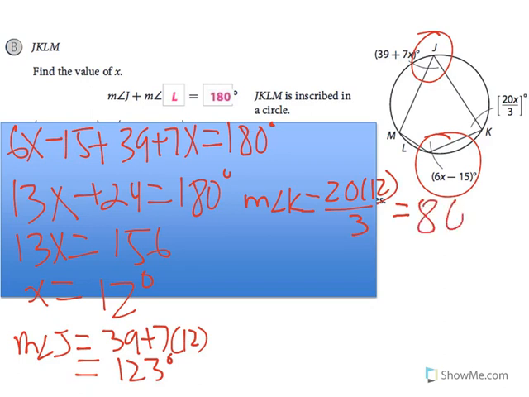So this is 80 degrees, and angle L equals 6 times 12 minus 15.